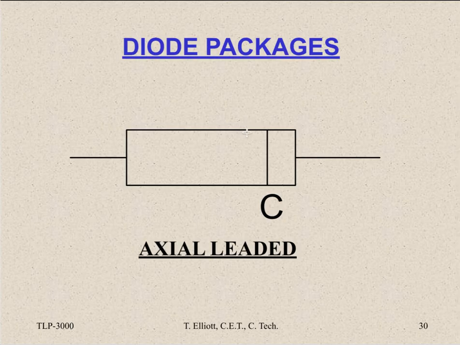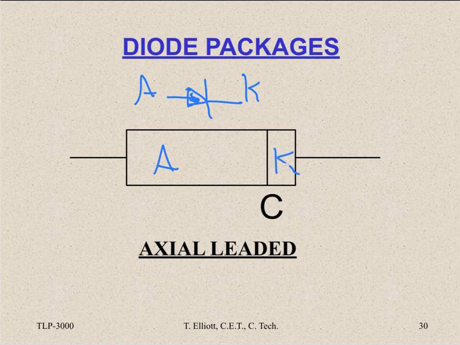Zener diode, white or black stripe, body is gray, bluish gray, something like that. The stripe end means the cathode. So that's the orientation that we're looking at.